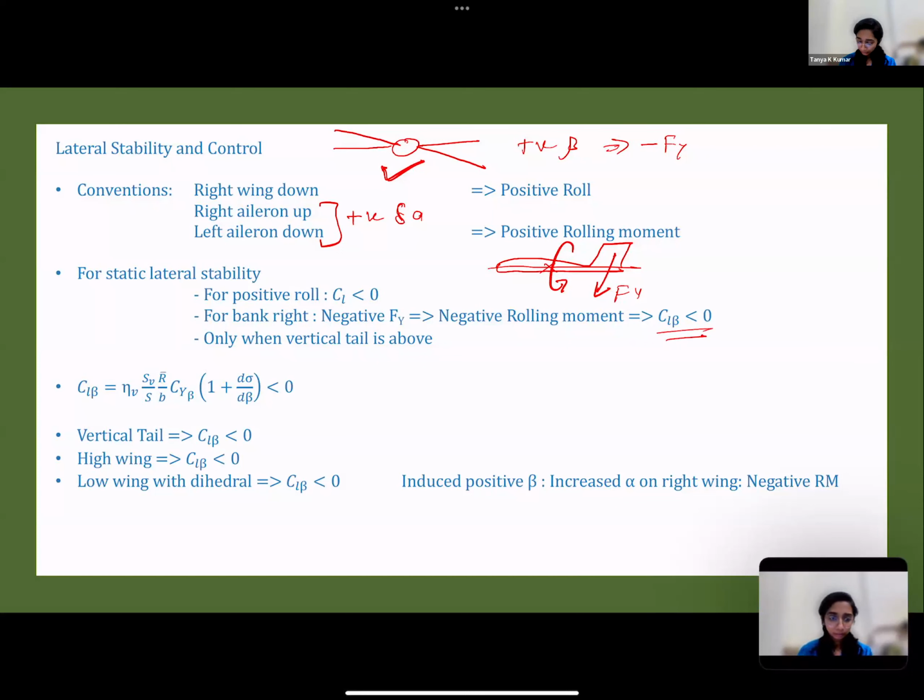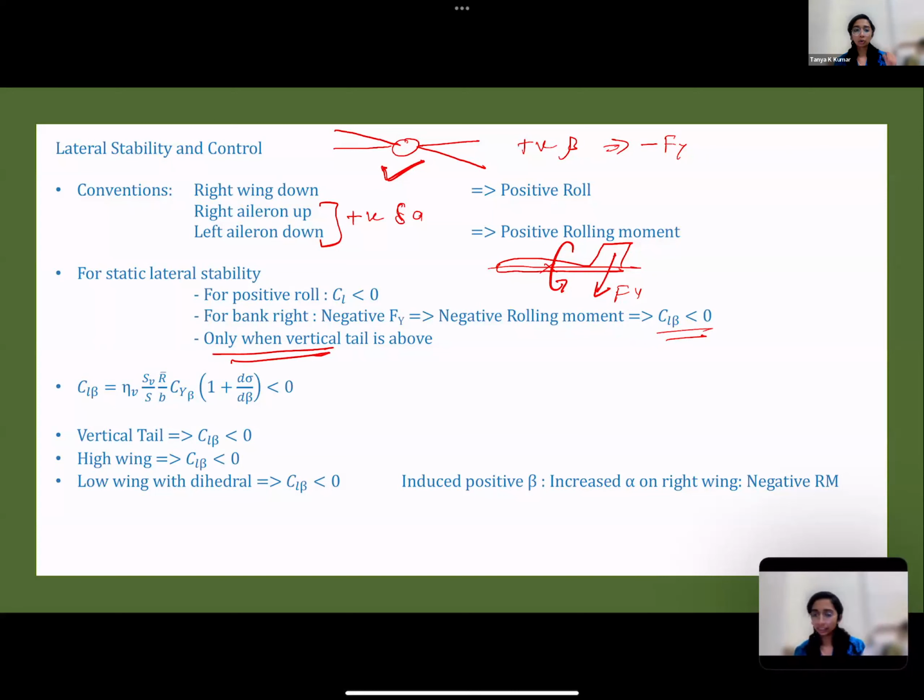This happens only when the vertical tail is above. What happens if your vertical tail was below? So this is your aircraft and the vertical tail is here. The force produced would be below the CG, correct? Now this will produce a positive roll. Is that clear? So your force is here, and it will produce a positive roll, so it will not contribute towards lateral stability.